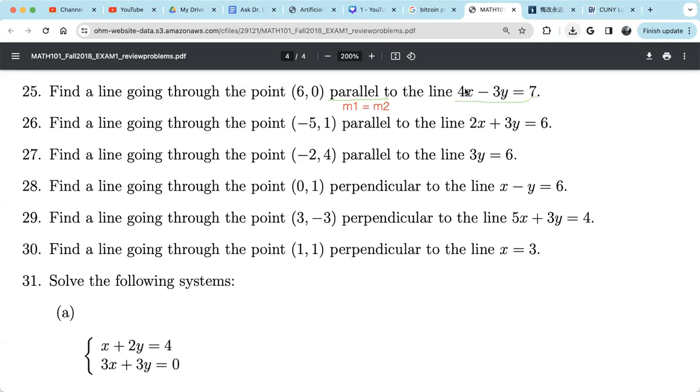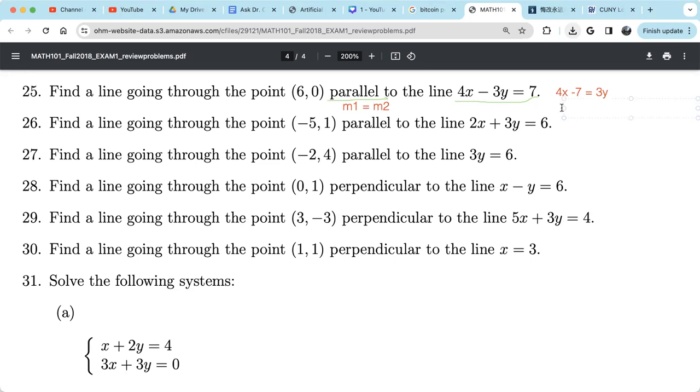So we want to write 4x minus 3y equals 7 as 4x minus 7 equals 3y, right? Basically, we add 3y on both sides, we subtract 7 on both sides, and then we divide by 3 on both sides.